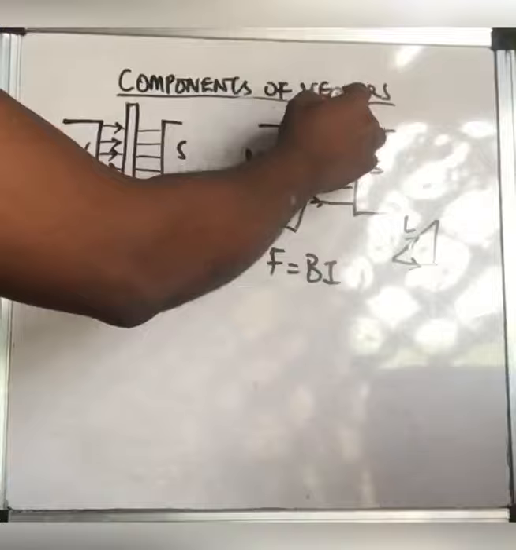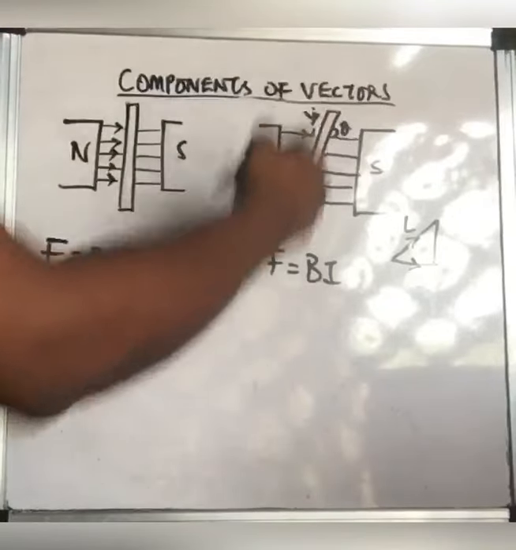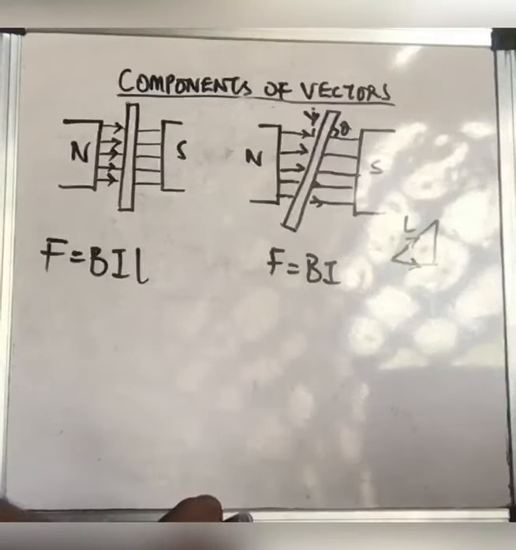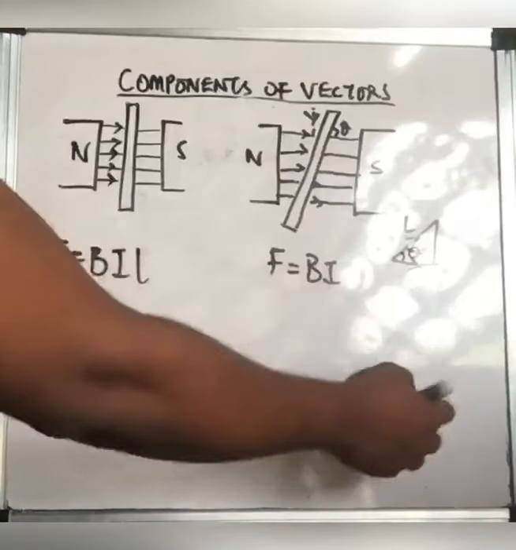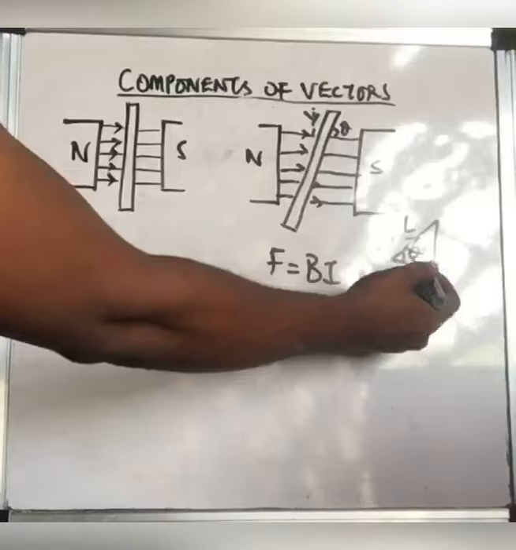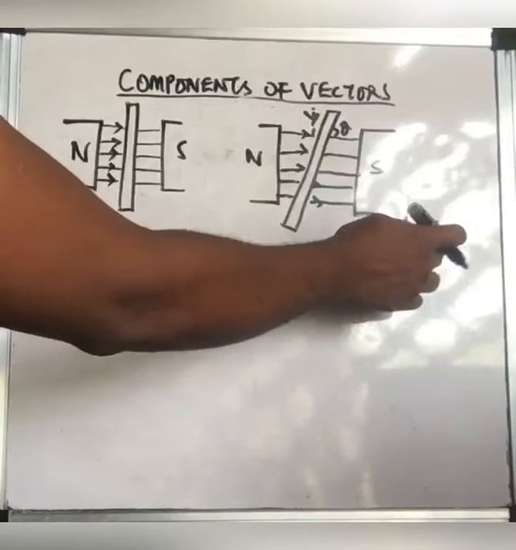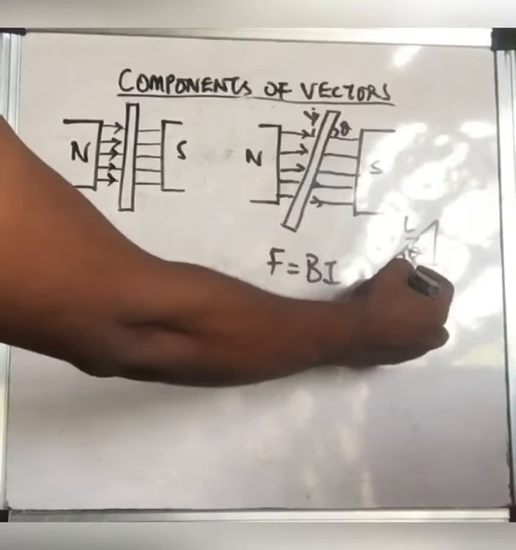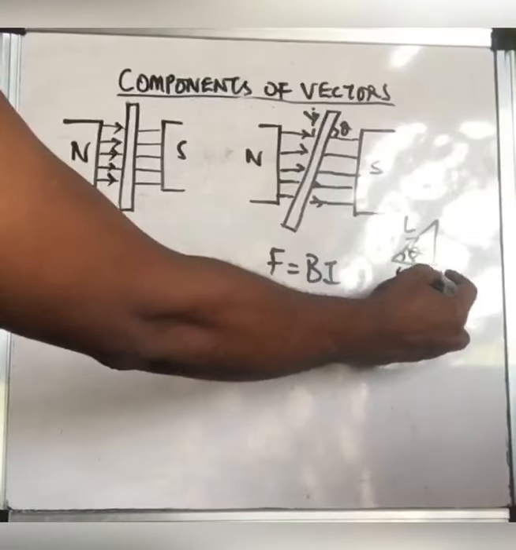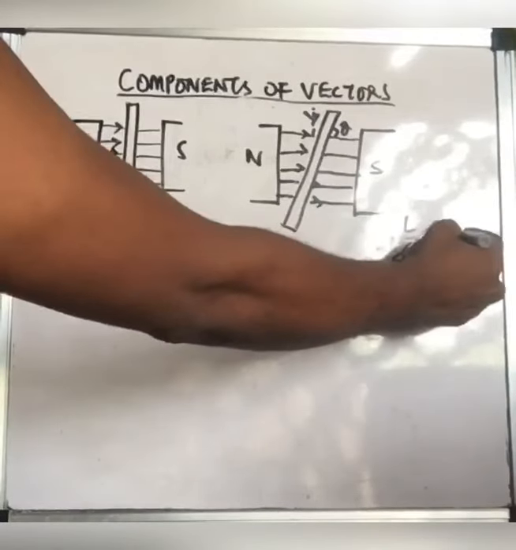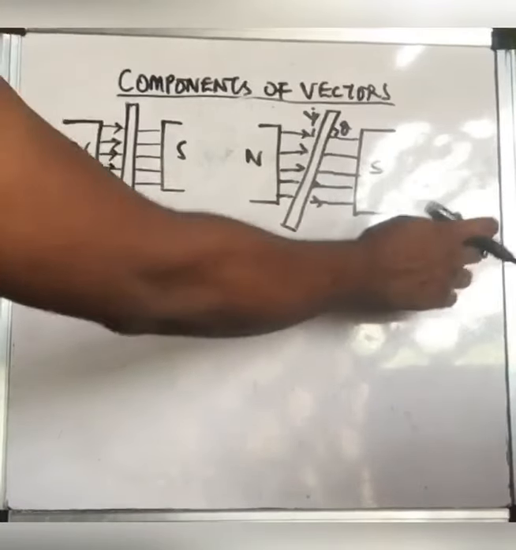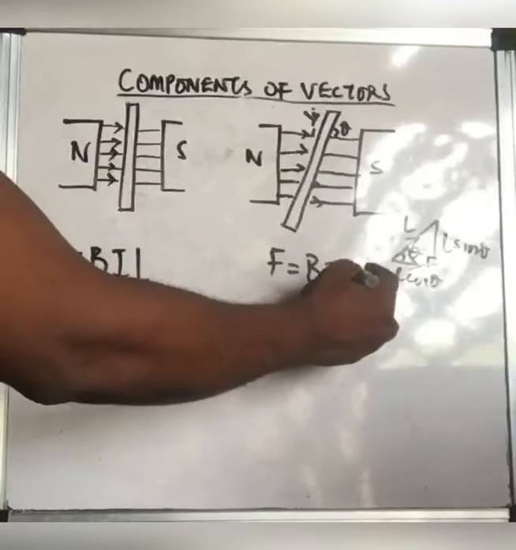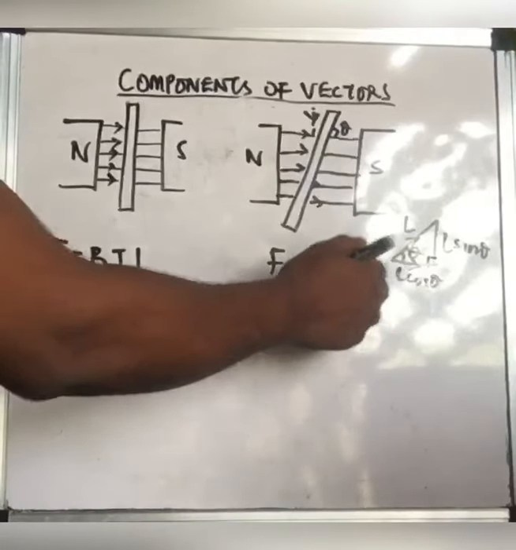That's the component of L in this direction. So this is our angle theta. Since this direction is making the angle theta with the vector L, it is the cos component, while this other one that is perpendicular to it is the sine component, and that's what we're looking for. So automatically we take our sine component.